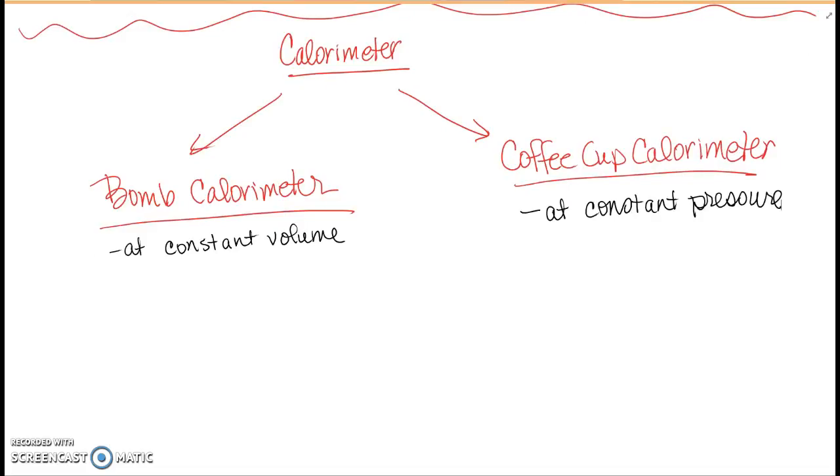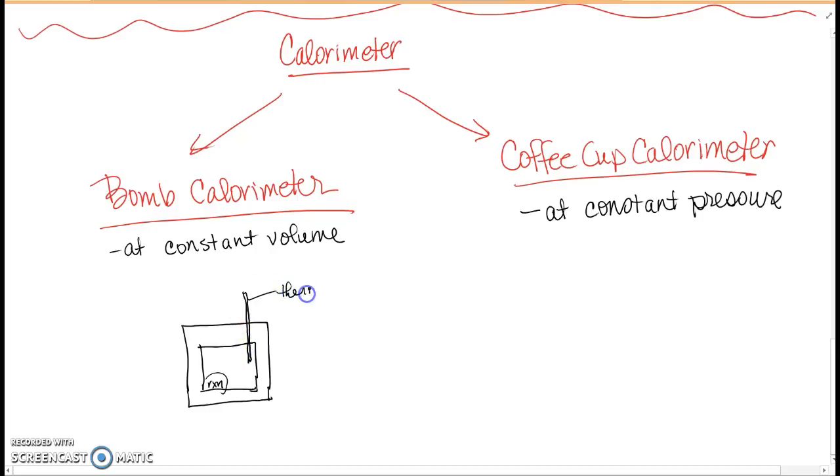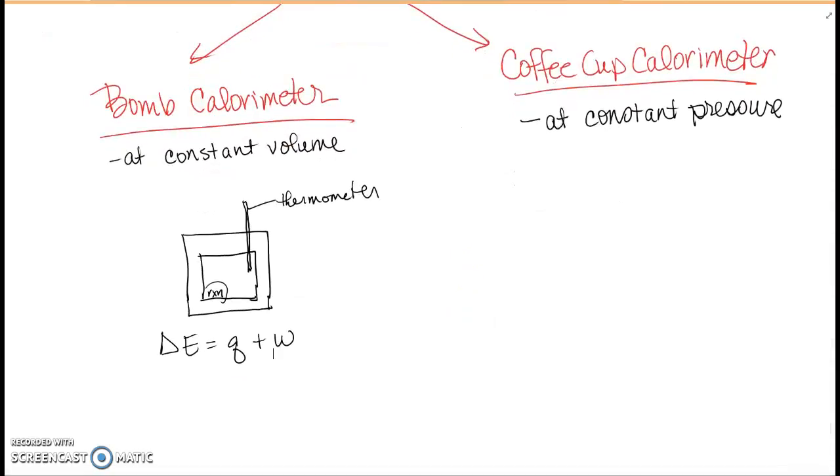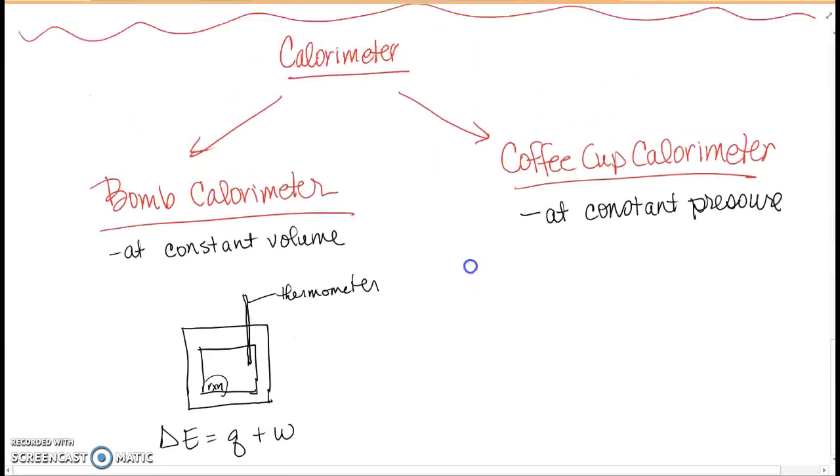Bomb calorimeter is where you have, for example, maybe a steel wall container, so its volume is incapable of changing. And you're doing some kind of a reaction in it. Let's say it has a thermometer sticking out of it as well. And we know that delta E is equal to Q plus W. But now let's go back here.